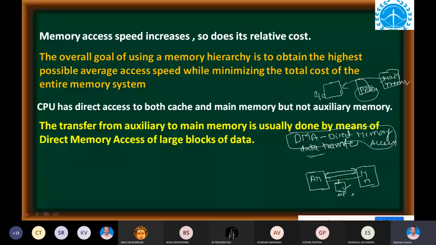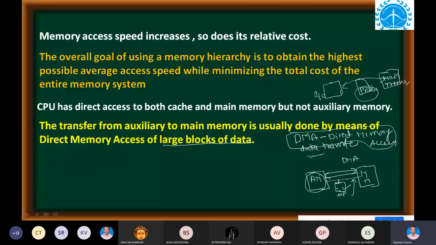Then, using the system bus, the total data transfer takes place. That is direct memory access. That means this will be accessed directly with the main memory. It is used when we want to transfer large blocks of data; we will use this DMA technique.